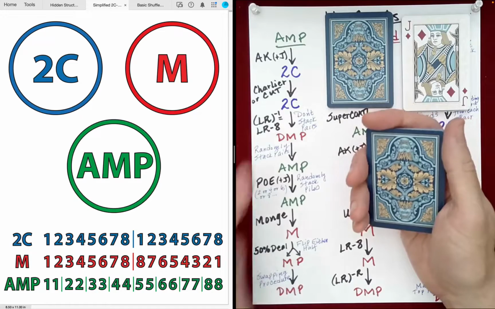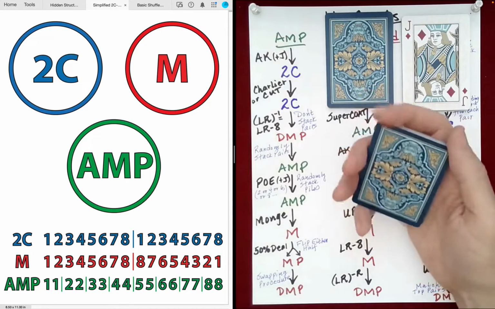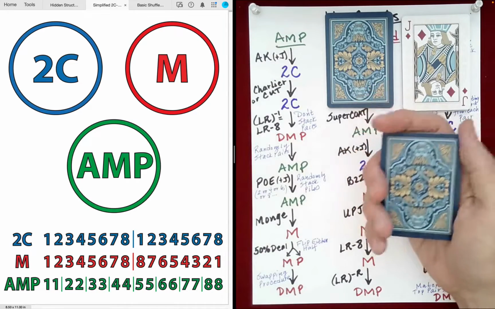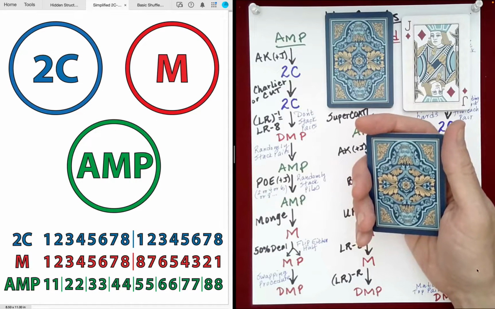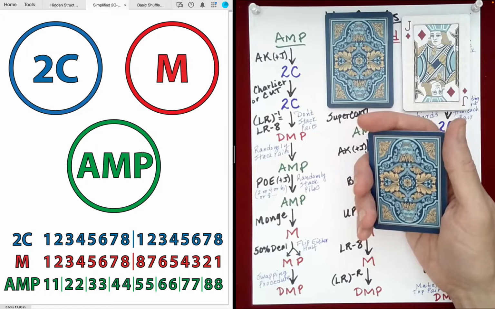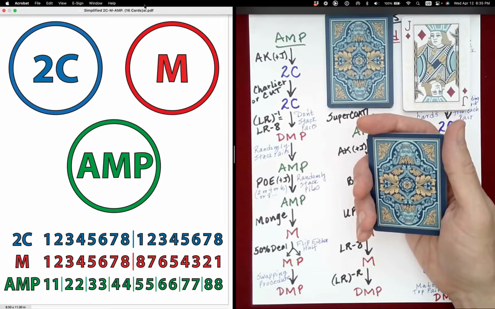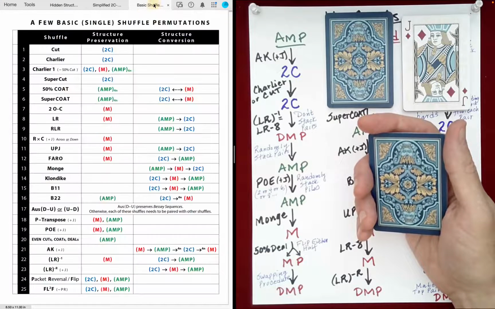Now, since it is an AMP, there's quite a few things you can do with it and preserve that structure or convert it to another kind of structure. So let me go ahead and just bring up our basic shuffles that we've been using during this entire series.